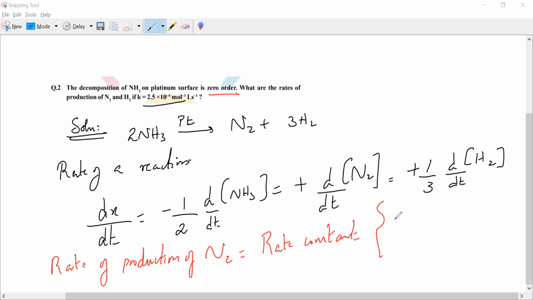Why? Because the rate is equal to K times NH3 power 0, and NH3 power 0 is equal to 1. So what is the answer for nitrogen?